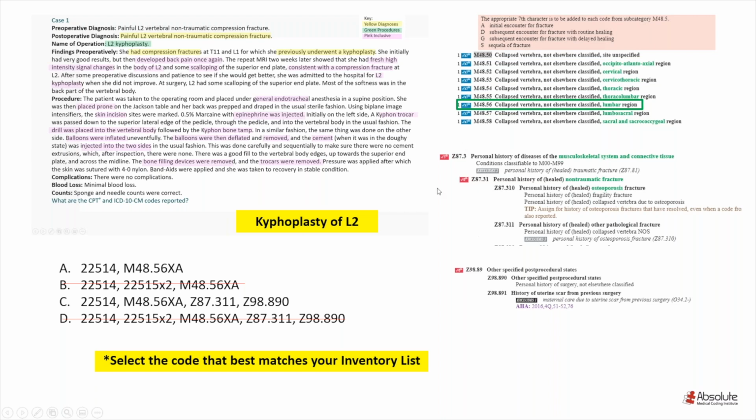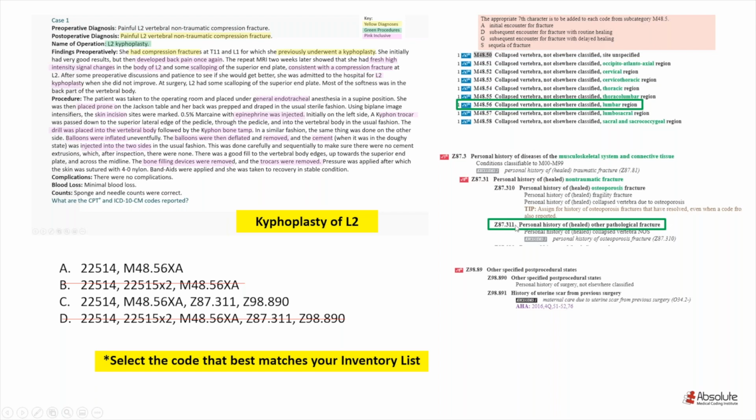All right, next, if we go down and we look at Z87.31 subcategory, this is the code for personal history of healed non-traumatic fracture, other pathological fracture. All right, so I think that's correct.